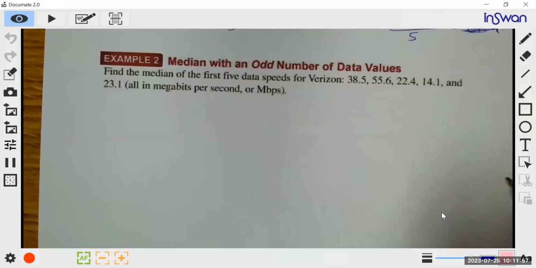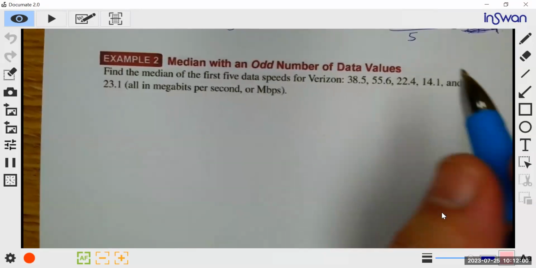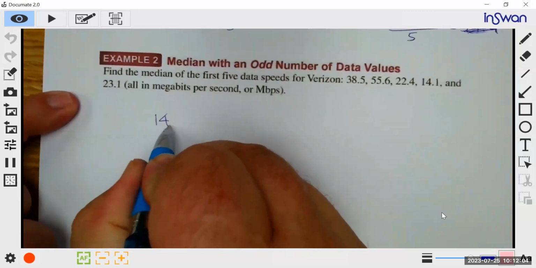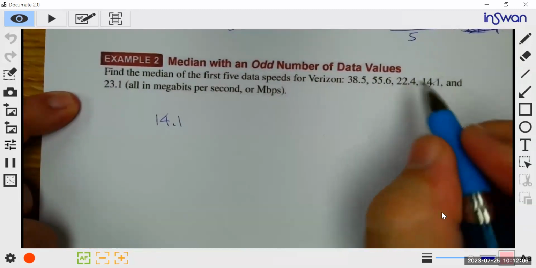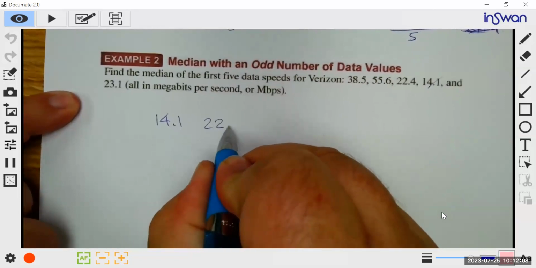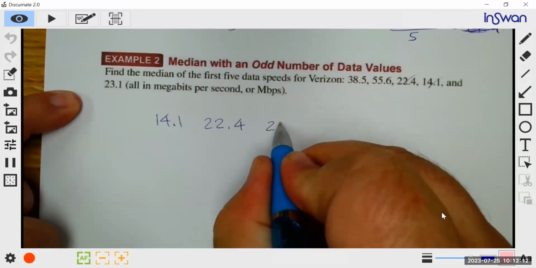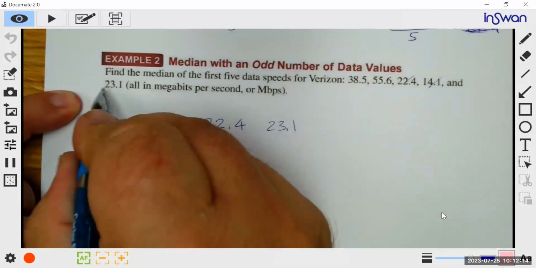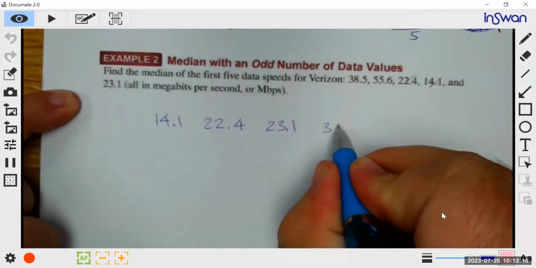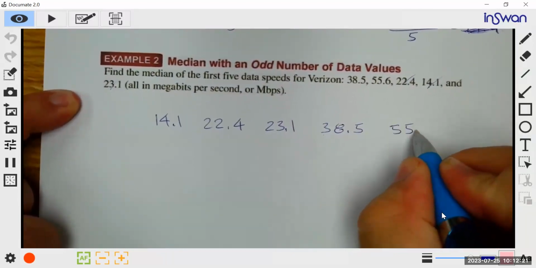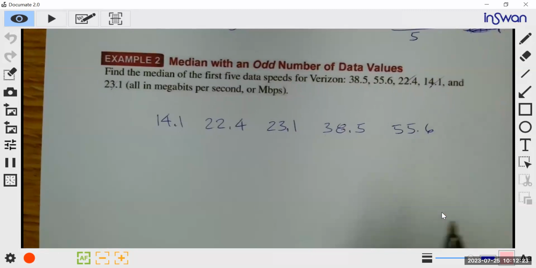What's the first thing I do to find the median? So the smallest is 14.1, then 22.4, then 23.1, 38.5, and then 55.6.